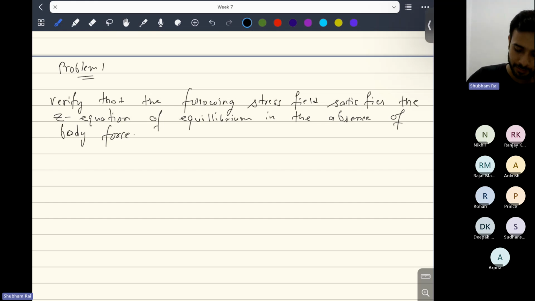Now the stress field is given by sigma RR equal to A over capital R cubed times Z by capital R cubed minus 3 small r squared Z over capital R to the power 5.